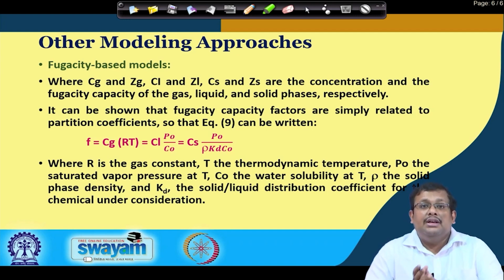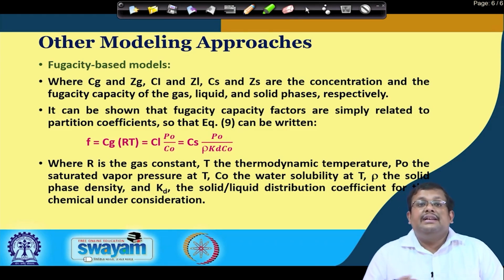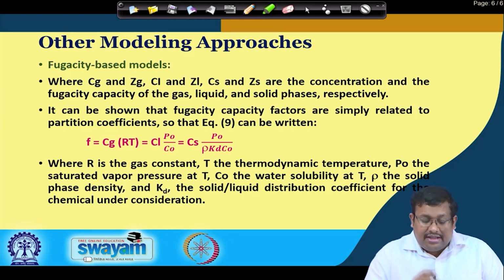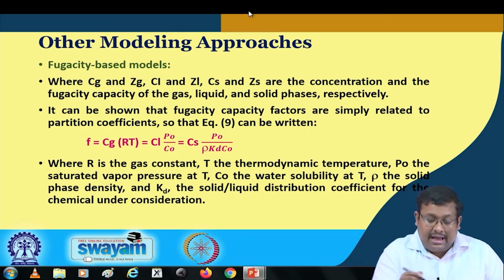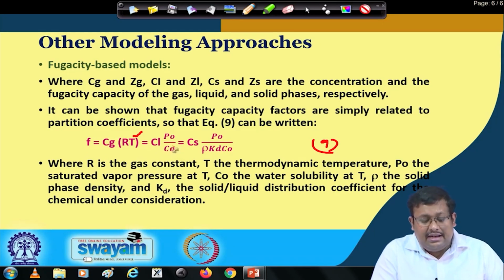Now, it can be shown that the fugacity capacity factors Z are simply related to the partitioning coefficients. So, in equation 9, this fugacity equals Cg multiplied by RT, which is also equivalent to Cl multiplied by P0 by C0, which is also equivalent to Cs multiplied by P0 by rho Kd C0.